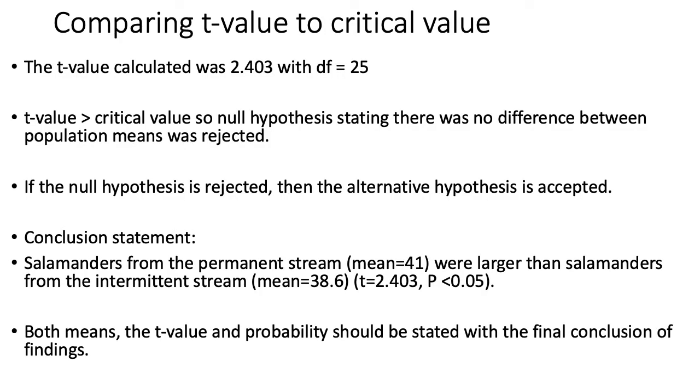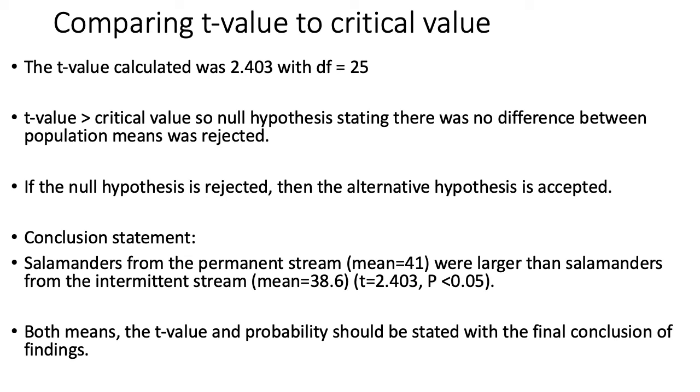So our t-value in this case again is above our critical value at degrees of freedom of 25. So we will reject the null hypothesis, stating there is no difference between the populations, and accept the alternative hypothesis. So our statement of conclusion, we basically just state simply what we see.